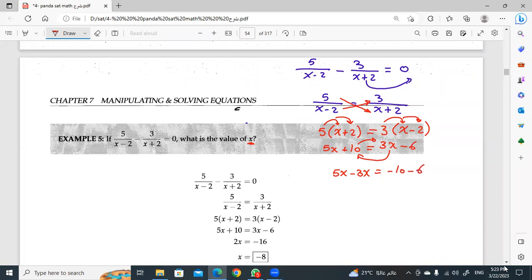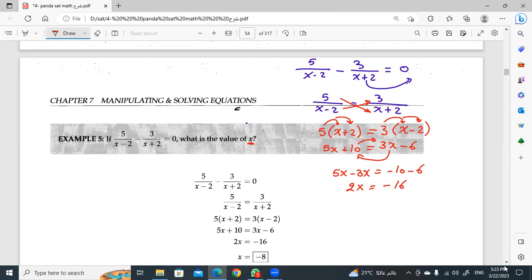Now 5x minus 3x equals 2x. Perfect. 2x equals negative 16, perfect. And then I have to get rid of the 2.